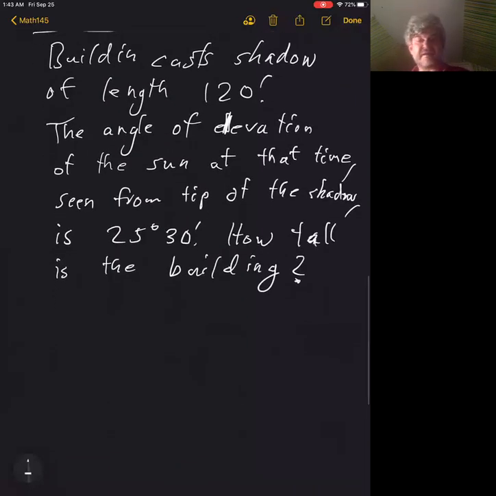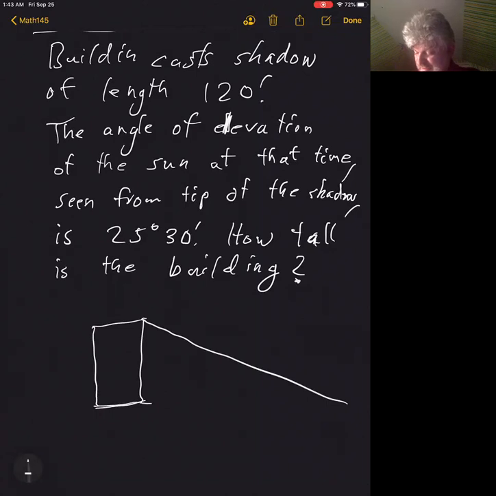All right. I like to start with my sketch to see what's what. So, building. And then it casts a shadow, which makes this angle with the ground.